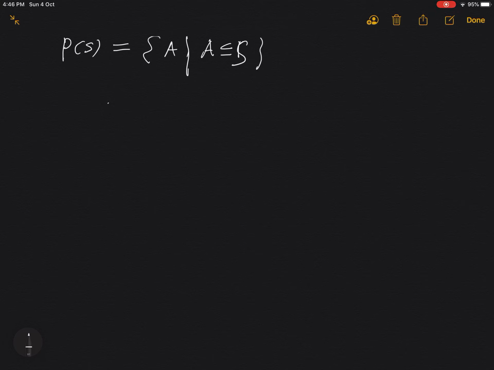So these i elements can be chosen from n elements. So we will have n choose i, the number of subsets of i elements.